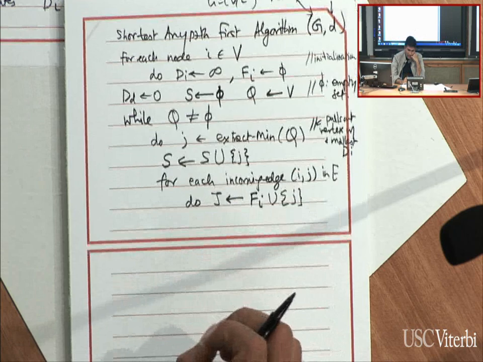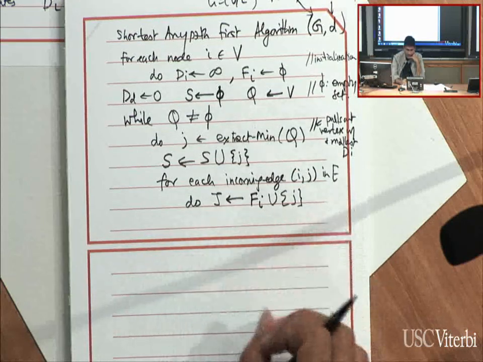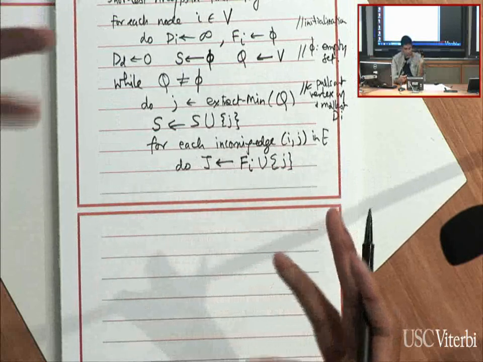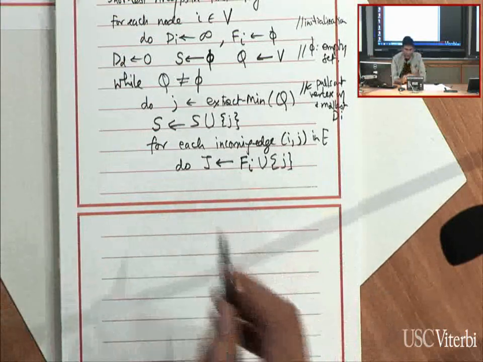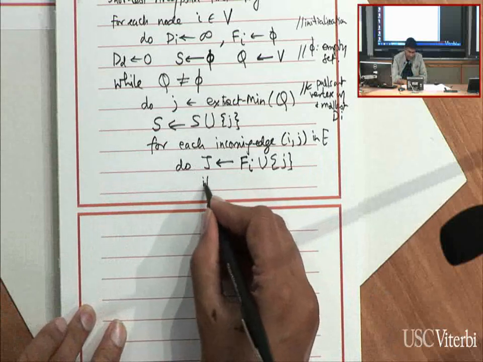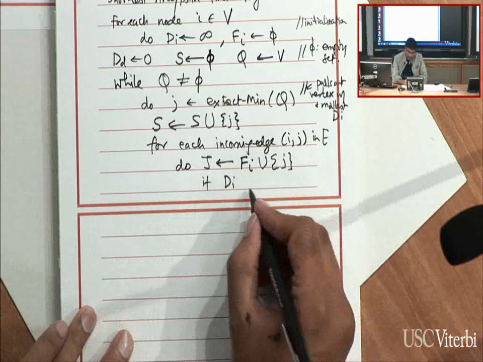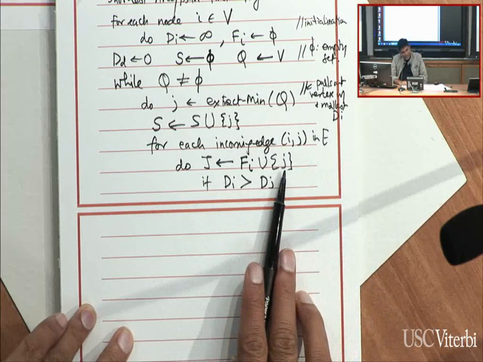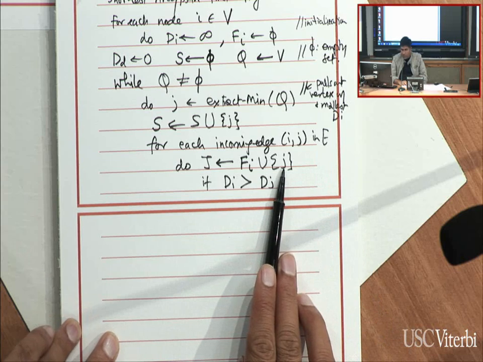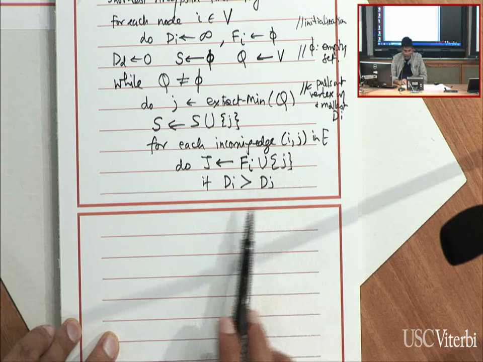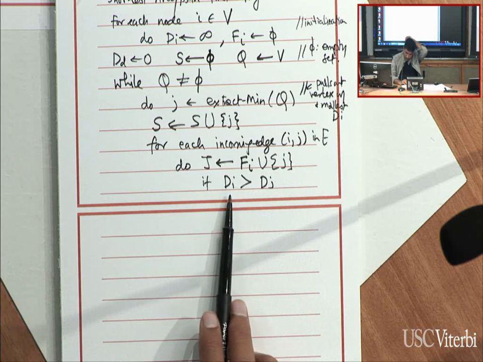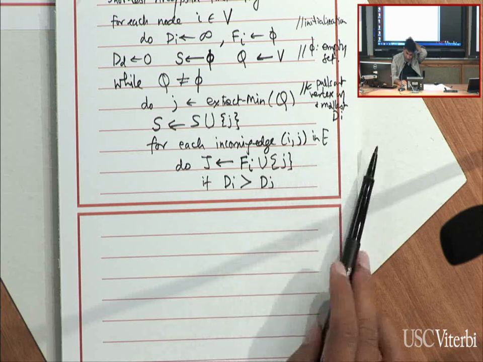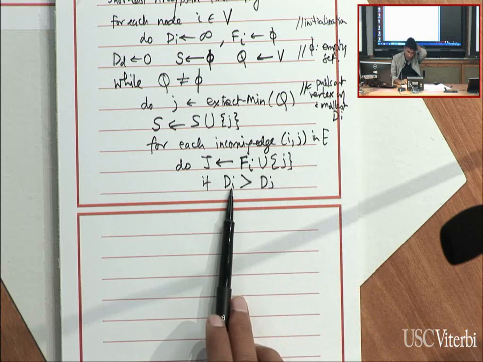And you're going to do one step of comparison, which is, are we going to take this new set and make it part of our new forwarding set for i or not? To do that, we do one comparison: if di is bigger than dj. When you add this node j, there's some distance that you can go from j to the destination, and there's a distance you already have for going from i to the destination.